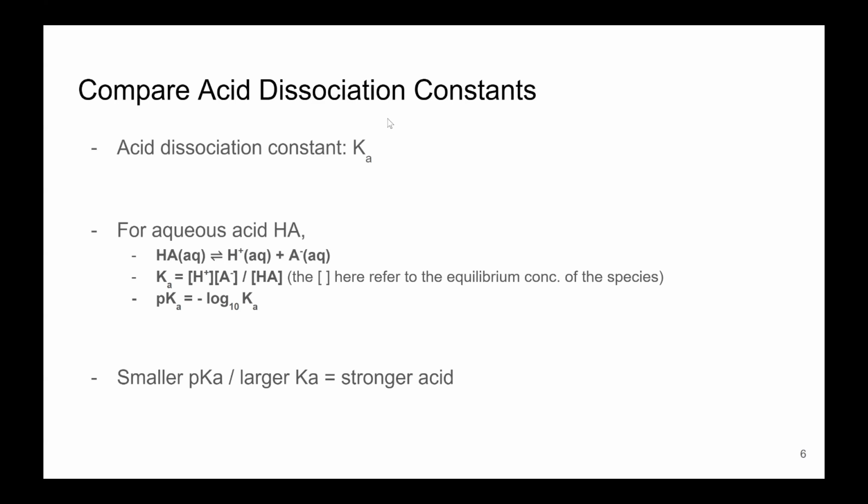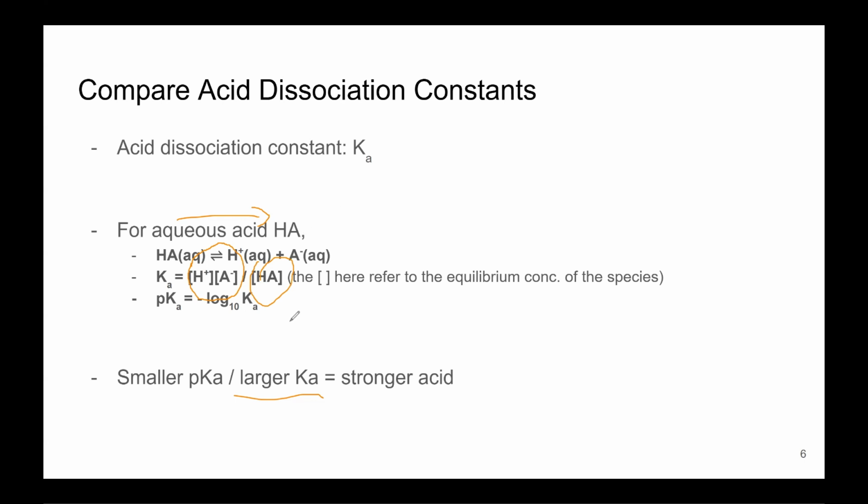A larger Ka basically means that the H+ times A- concentration term is greater when you compare two different acids, and the HA term is smaller. Because of this, we know that the position of the equilibrium lies more towards the right. And because of that, the acid dissociates more fully and more completely.